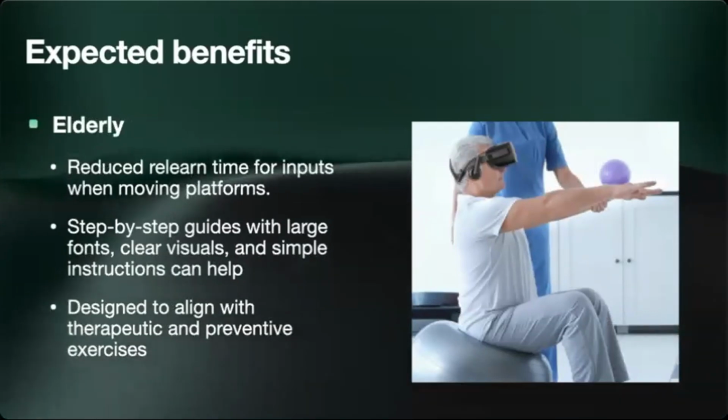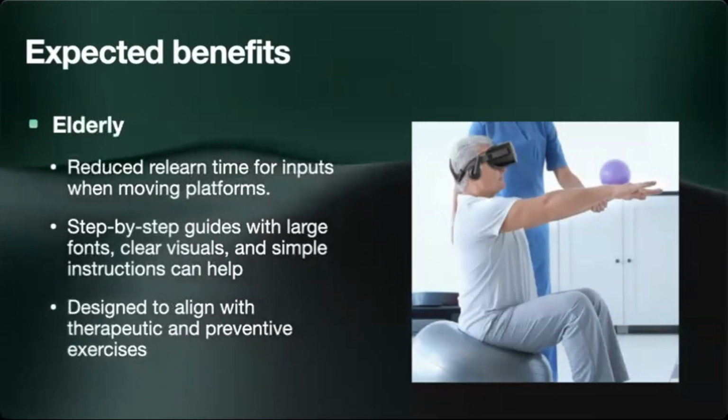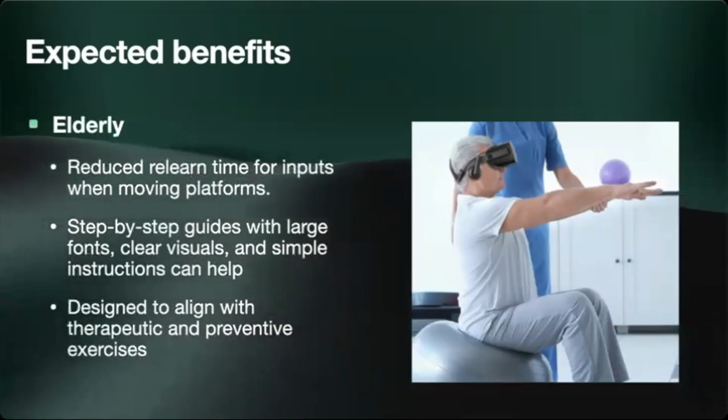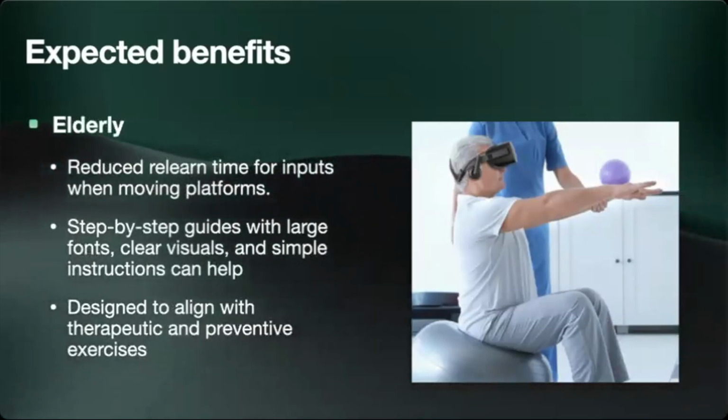They can quickly revisit these guidelines to remember how to begin exercises and adapt to a new device without confusion. This type of precise step-by-step documentation also aligns well with therapy and prevention exercises, making technology both accessible and beneficial for the elderly.